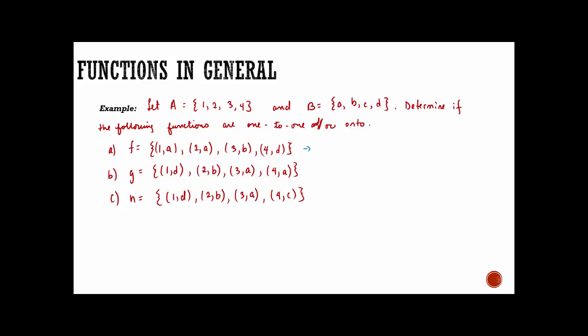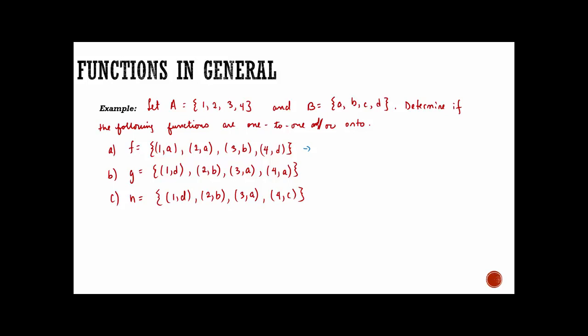So that means that you have two values in your domain that are mapping to one value of your range. Okay, remember the graph? So that makes the function not one-to-one. In order for it to be one-to-one, each value in your domain has to map to a single value of your range. In this case, these two are mapping to the same value of your range, so that makes the function not one-to-one.